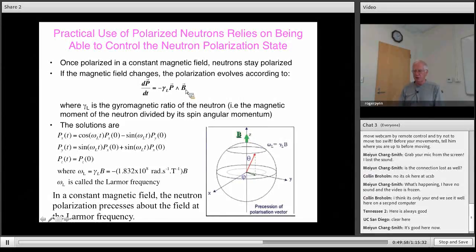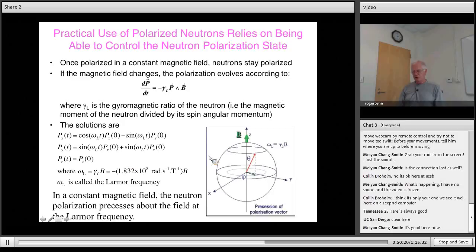The component PZ, since B is along Z, is going to give you 0 contribution to this cross product. So the Z component of the polarization is independent of time.